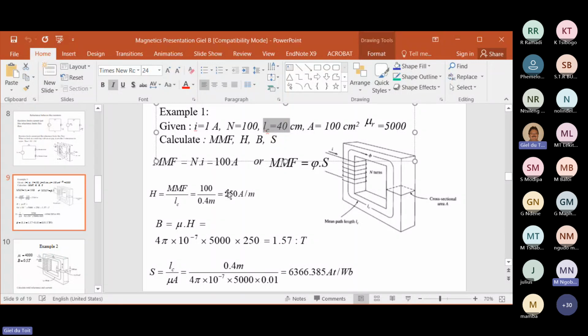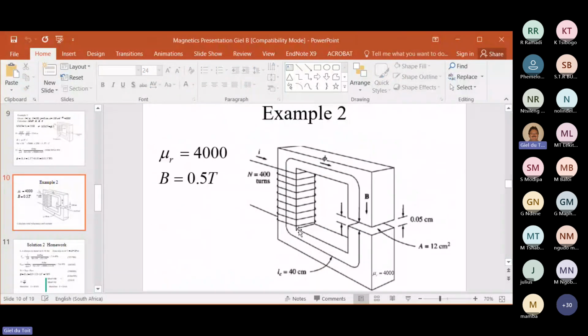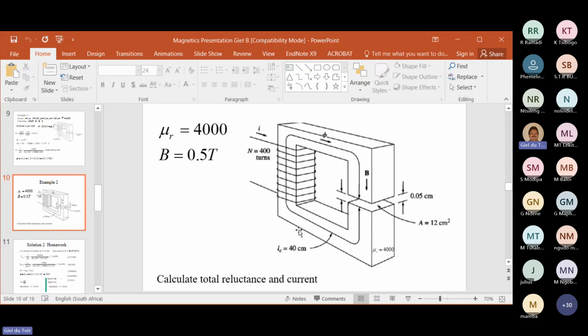I'm not going to ask you the next two because I haven't done these formulas with you. I'll do it later in the week. We can do another class. Right, let's see if I've got another example. There is a nice example. It says calculate the total reluctance. I'm not going to ask that.